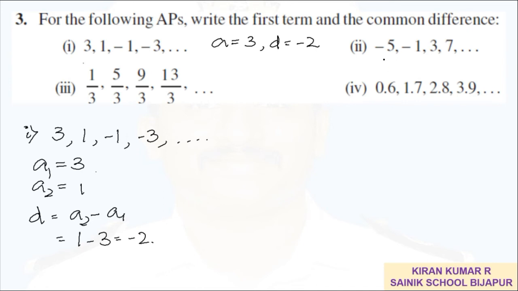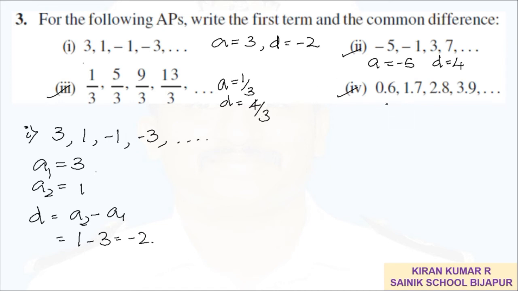If you consider the second one, the first term is -5 and the common difference is 4. You can try the second, third and fourth one. I'll just give the direct answer. It is 1 by 3. The common difference is a2 minus a1. 5 by 3 minus 1 by 3 becomes 4 by 3.